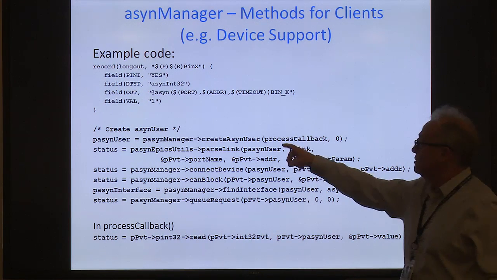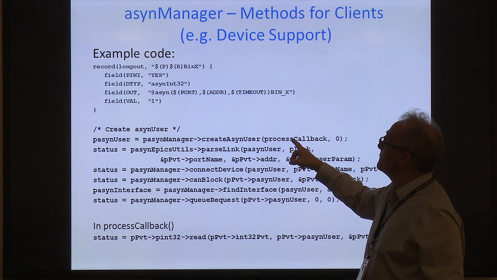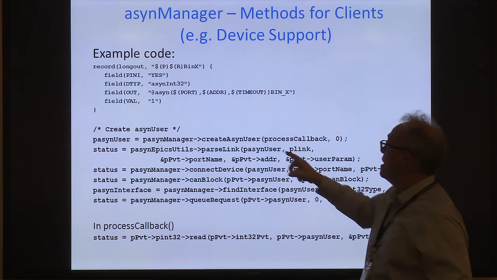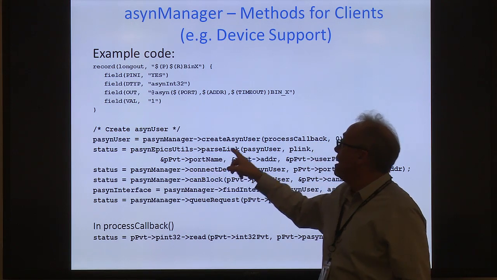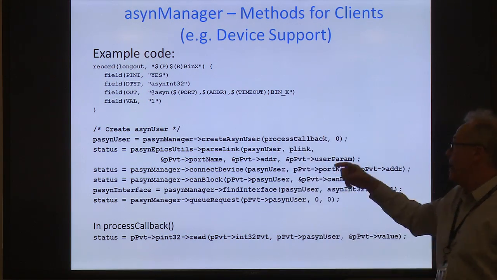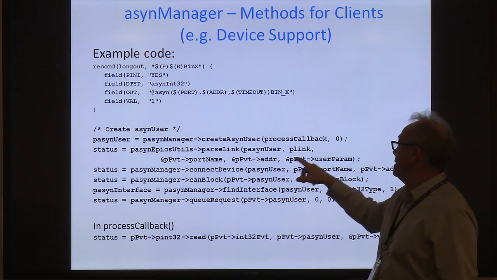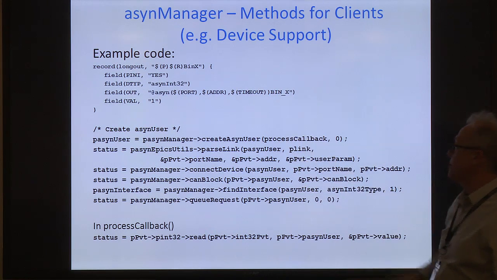So the client calls createAsynUser, creates one of those asynUser objects, which I'm going to show you what it is. Then it calls parseLink. There's a utility routine that will take this string and parse it for you and return to you the name of the port, the address, and this string, the user parameter.